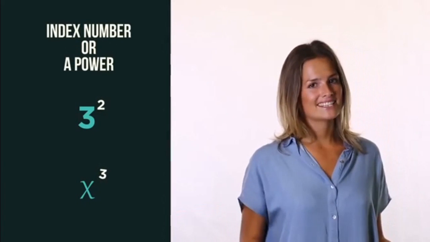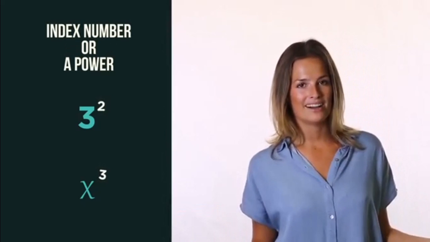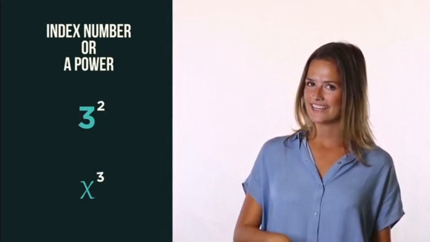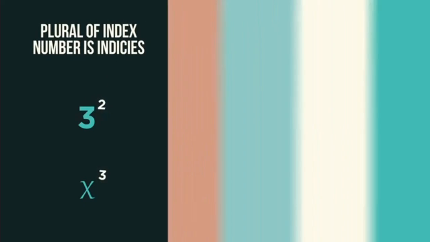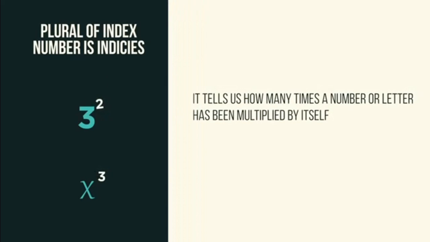Hi, I'm Lucy, and in this video we're going to look at indices. See this small floating number here and here? This is an index number, or a power, and the plural of index number is indices, hence the title of this video. It just tells us how many times a number or letter has been multiplied by itself.